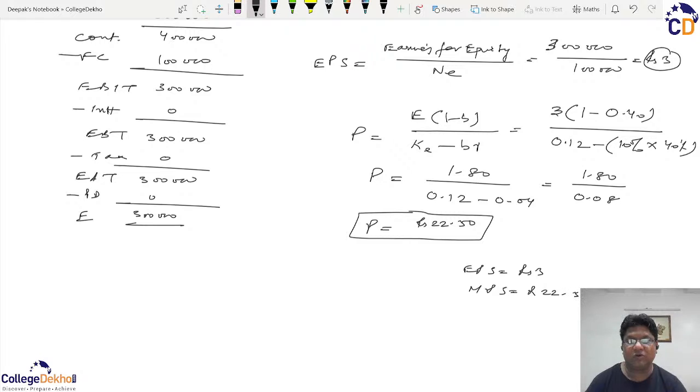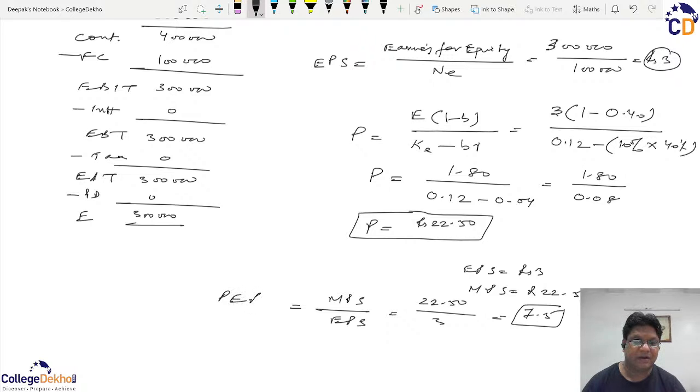approximately 22.5. So if I divide market price with the EPS, then it comes out to be 22.50 upon 3, and that comes out to be 7.5. So this 7.5 is known as a price earning ratio.